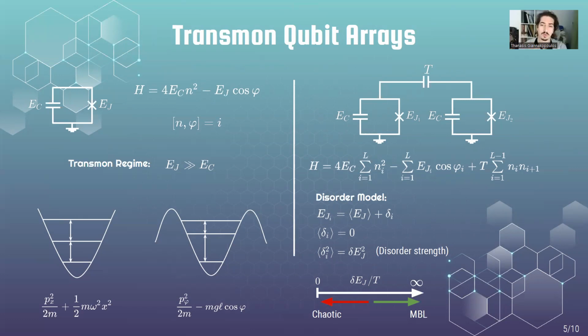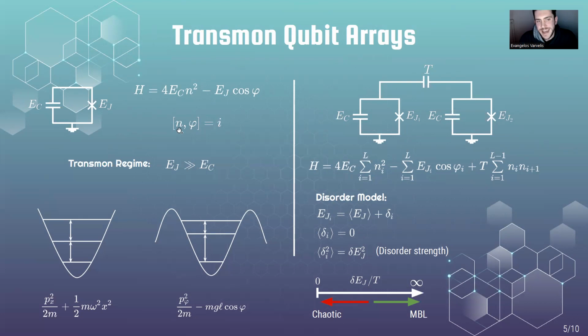And to go back to the beginning, how do I understand disorder? Basically it's what I have here. Think of it this way: this is just a linear sum of this Hamiltonian multiple times, for different qubits. Each one of these has conjugate variables, so n and phi have this commutator.